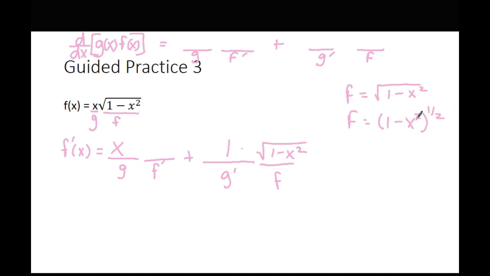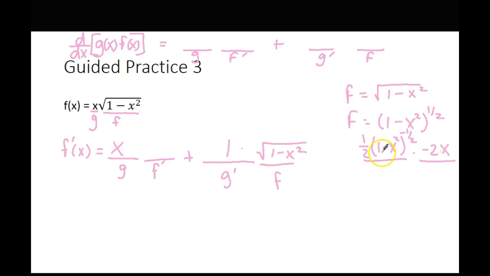When you do a chain rule, you do derivative of the outside times the derivative of the inside. So the derivative of the outside would be multiplying the half to the front, don't change the inside, and subtracting 1 from the original power. The derivative of the inside would be negative 2x. Now that needs to be cleaned up a little bit, okay?